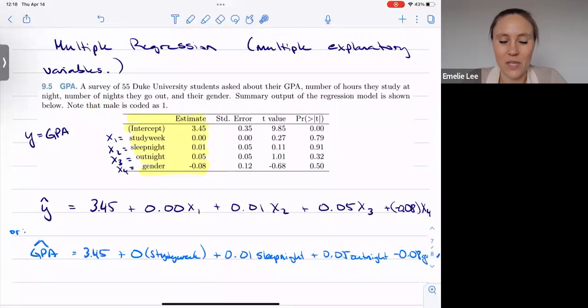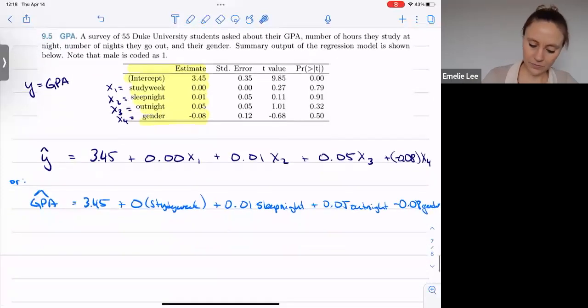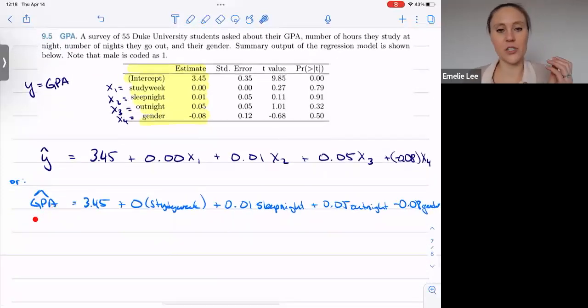But what you can do is if I give you values for x1, x2, x3, x4, just like we did with just one x, right? If I asked you to predict the y for when x was 22, for example, you just plug that in and you do the same thing here. So it would say something like, predict the GPA for a student, well, study week, this is going to go to 0, so I don't really know what that is, but who sleeps for 8 hours a night and goes out 2 nights in a week and is female, right?